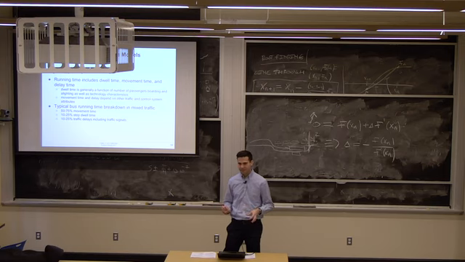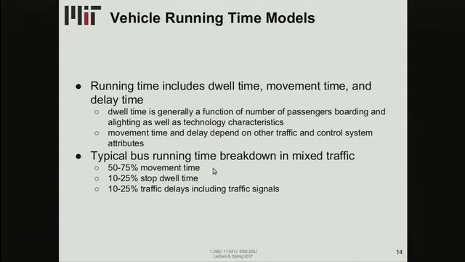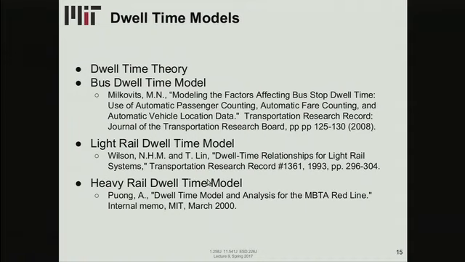There are some things you can do, but usually not. It's harder. And movement time has to do with traffic and speed limits and the vehicle itself and driver behavior, so that's a little bit harder to change. So dwell times are probably the one thing here that an agency could target. Some part of it you can't change because it has to do with how many people are at the stop, but you could increase frequency, you could change the bus design. We gave a bunch of factors, and a lot of those are under the control of the agency. So let's go to dwell time models for that reason.